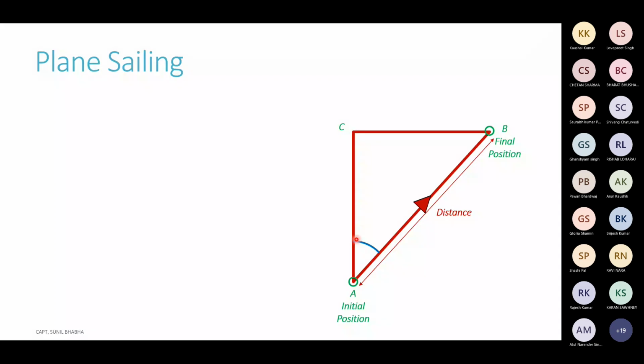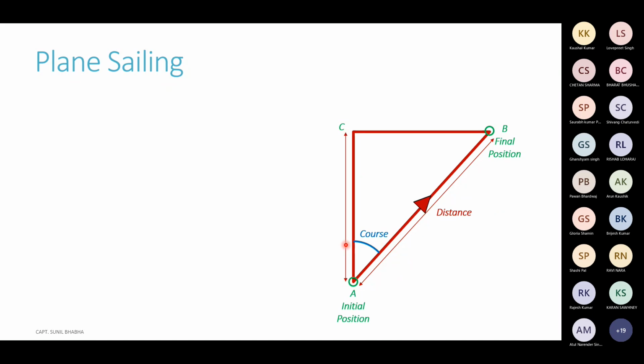So the AC line represents true north, and the AB line represents the direction in which the ship's head is. So this is the angle between true north and the ship's head. This is basically our course. So let's mark this angle as course. This is the second item which we need to find out.